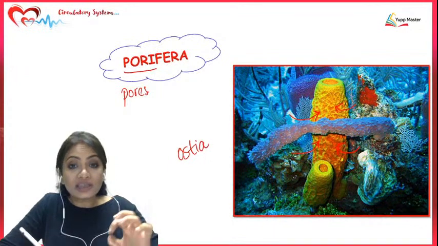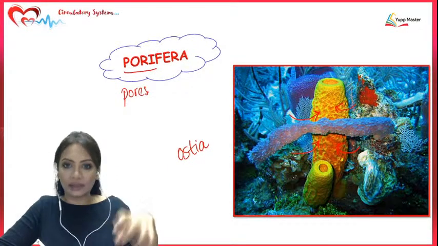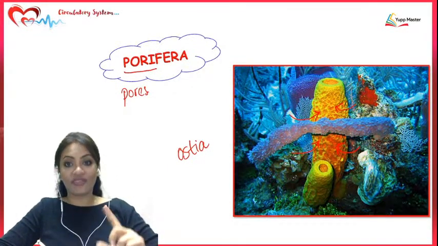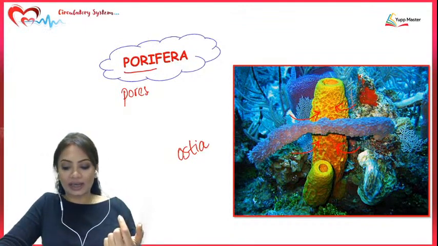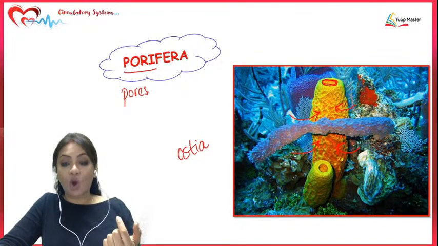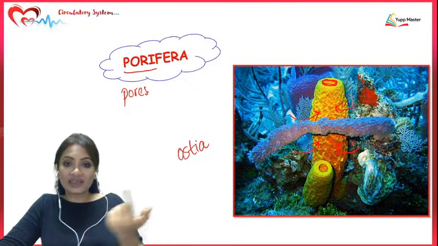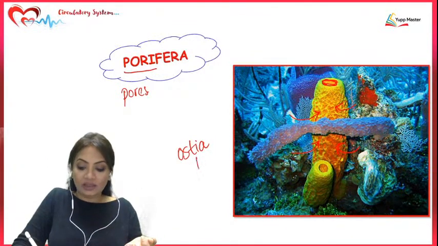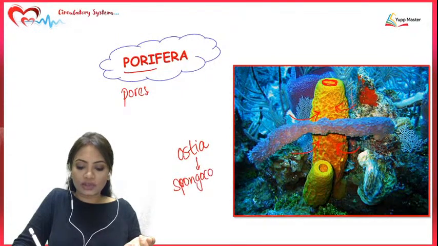So through these ostia, water is able to enter inside the body of the sponge. Then water passes through the canal that's there inside. It is a hollow space, and that hollow space inside is called the spongocoel.